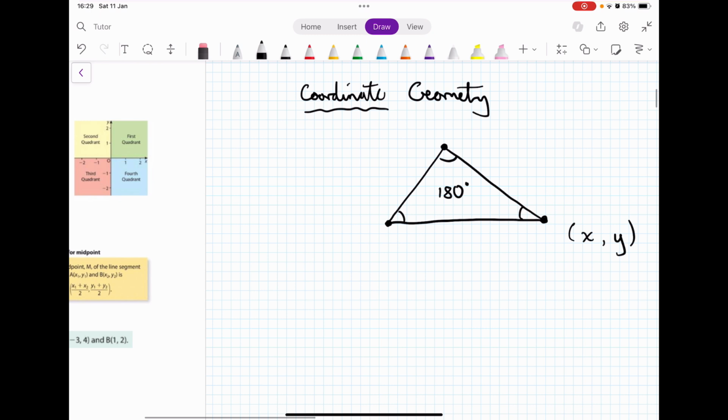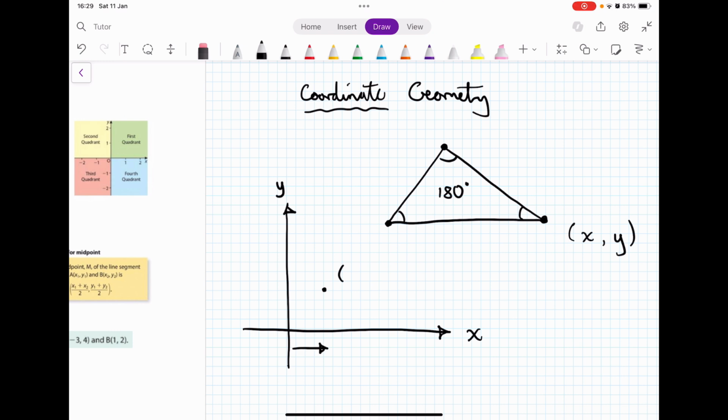The coordinate system is based on the Cartesian plane. So you have an x-axis, which is the horizontal axis, and you have a y-axis. And any point on the Cartesian plane will have 2 values. It will have an x-coordinate, so how much you go across by.